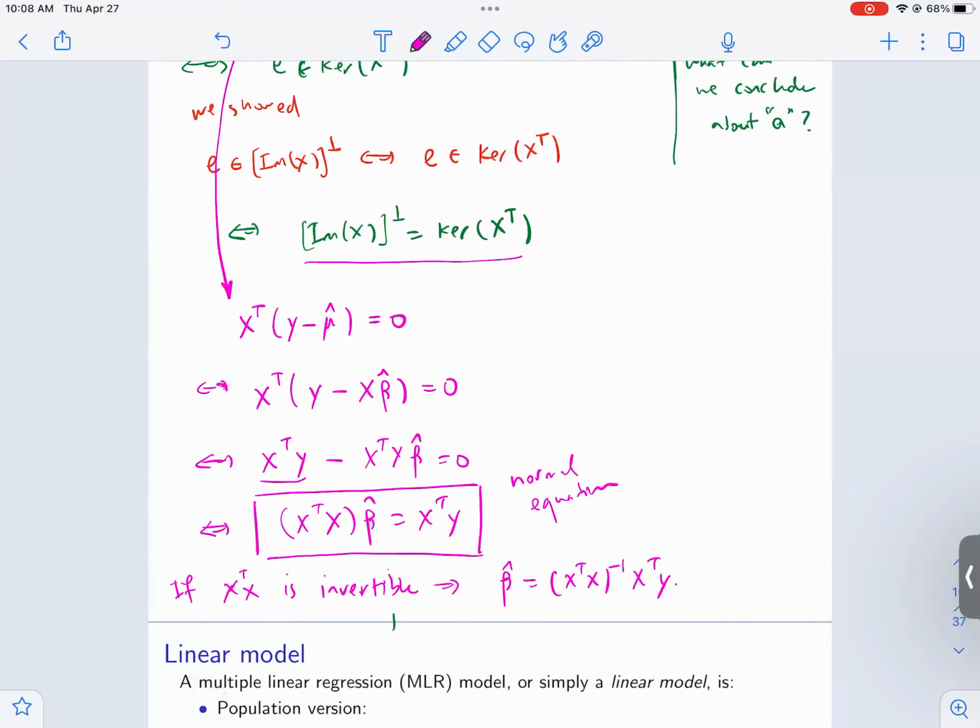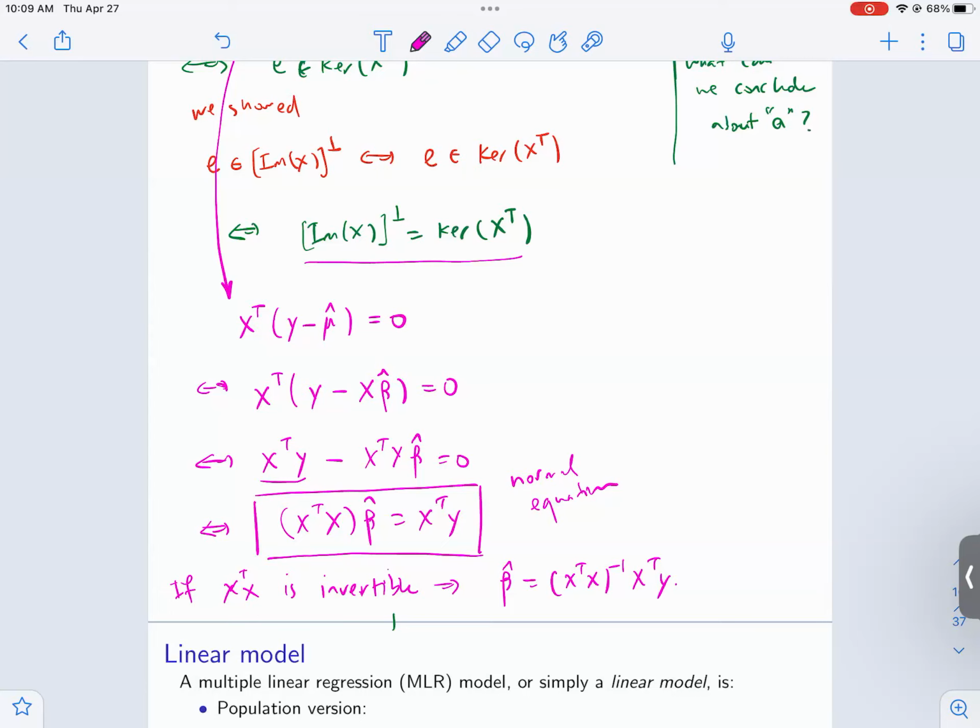If X transpose X is invertible, this actually has a unique solution. In general, it may not. If X transpose X is not invertible, it might have no solutions or many solutions. But if it's invertible, there's a unique solution. You can at least write it down like that. Sounds good.